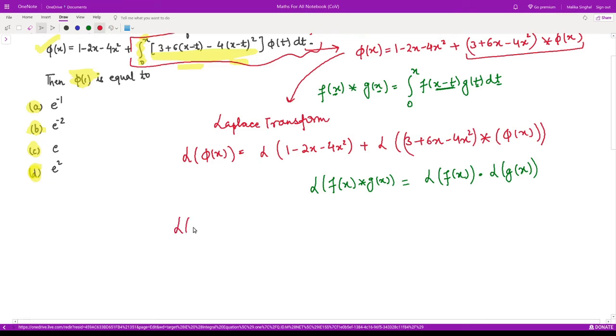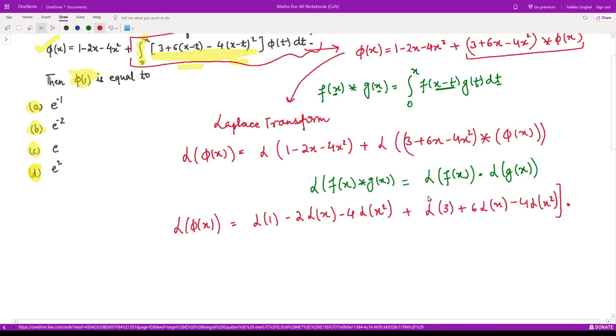So let's get it done. Laplace of phi of x as it is, right? And because Laplace is a linear operator, the Laplace of 1 minus 2 times Laplace of x minus 4 times Laplace of x square, and here it would be the Laplace of 3 plus 6 times the Laplace of x minus 4 times the Laplace of x square, multiplied by the Laplace of phi of x, right?